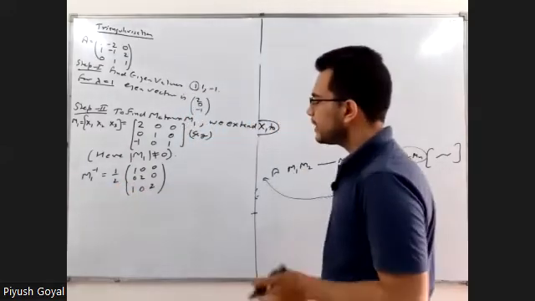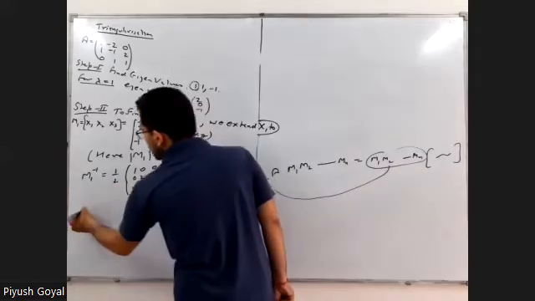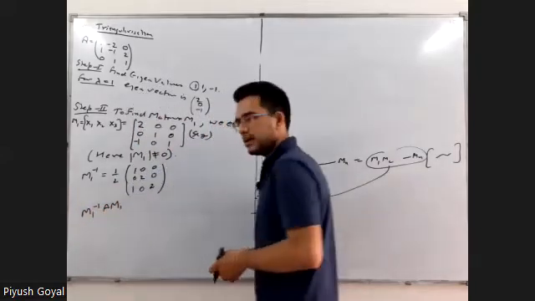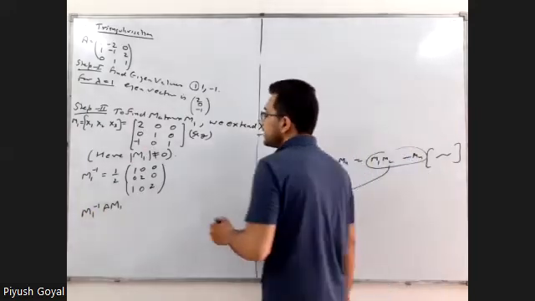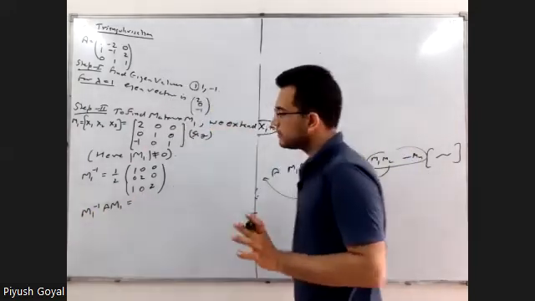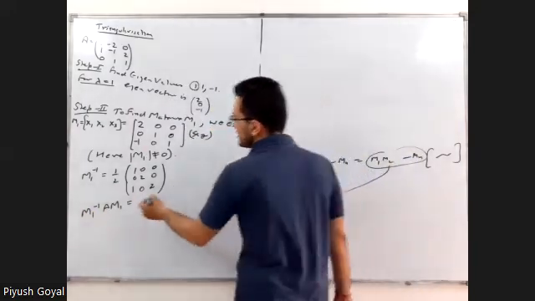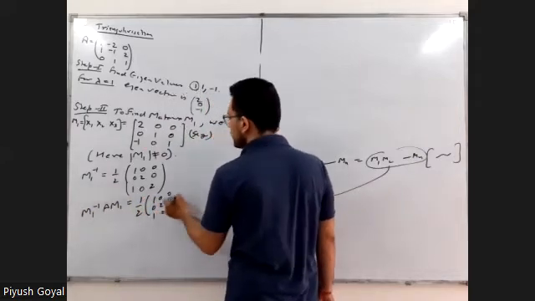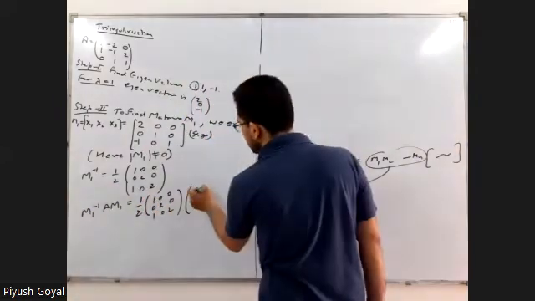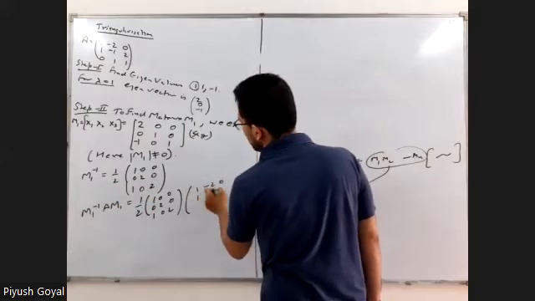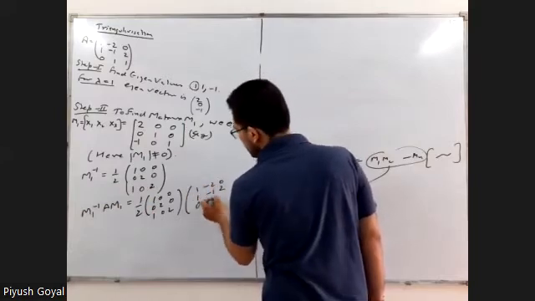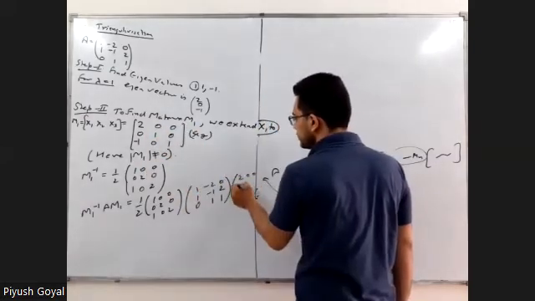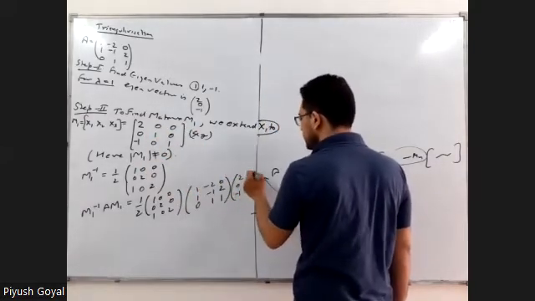Fine. Now what we do? We multiply M1 inverse into A into M1. In this way, we multiply. Now see, you have to multiply these three matrices: 1 by 2 times M1 inverse, then A, which is 1 minus 2 0, 1 minus 1 2, 0 1 1, and then M1, which is 2 0 0, 0 1 0, minus 1 0 1.